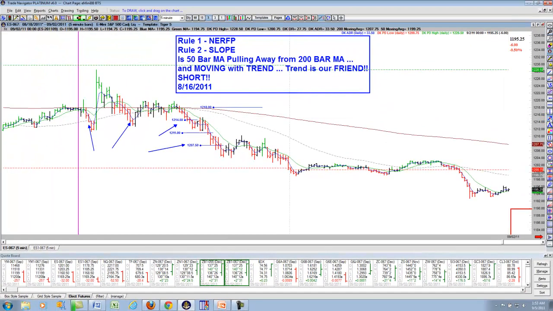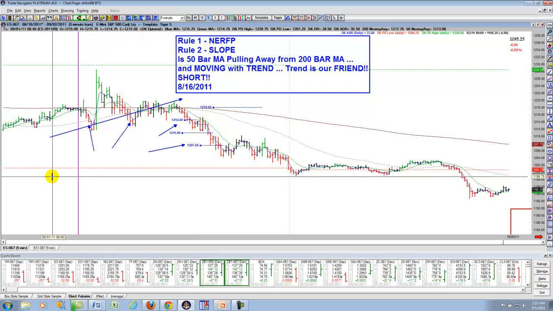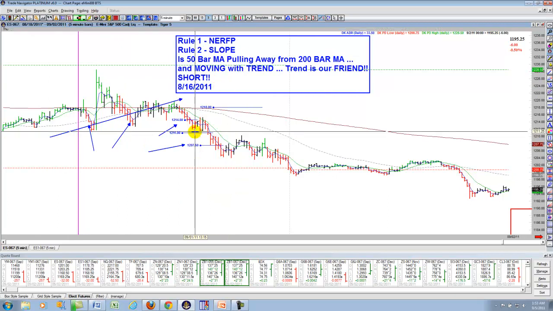Now, which way is the slope progressing? Is it going up or is it coming down? If the slope is moving in an upward fashion and you have a signal, it's kind of an if-then statement.